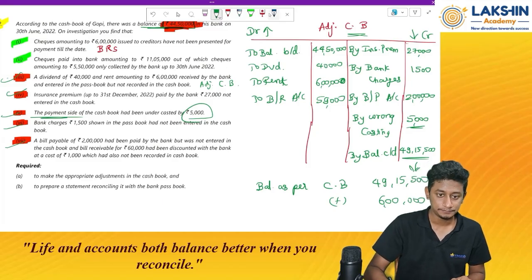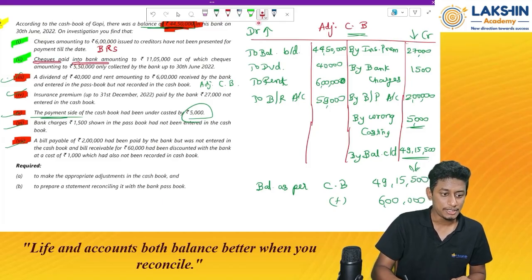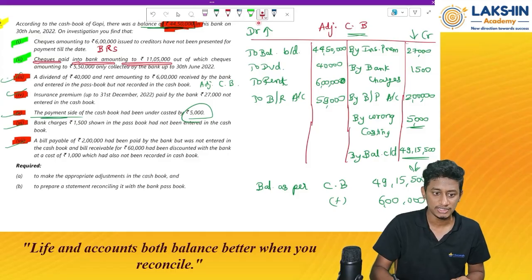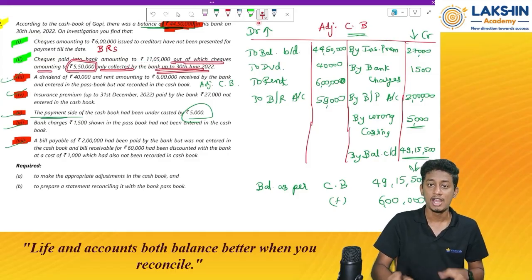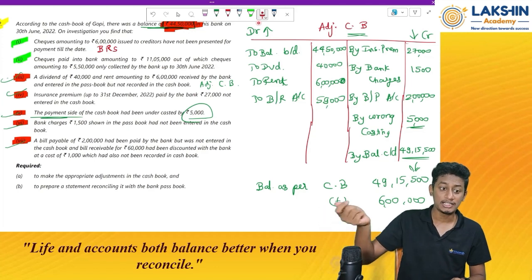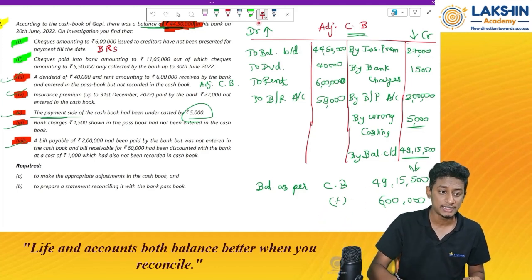Done. Then checks paid into the bank amounting to rupees 11 lakh 5,000, out of which checks amounting to rupees 5 lakh 50 only credited by the bank. So I have paid some checks into the bank for clearance, but the bank has collected only rupees 5 lakh 50 out of 11 lakh 5,000.